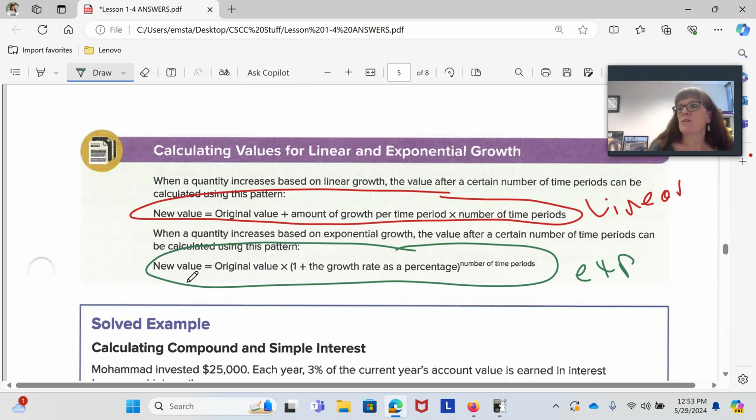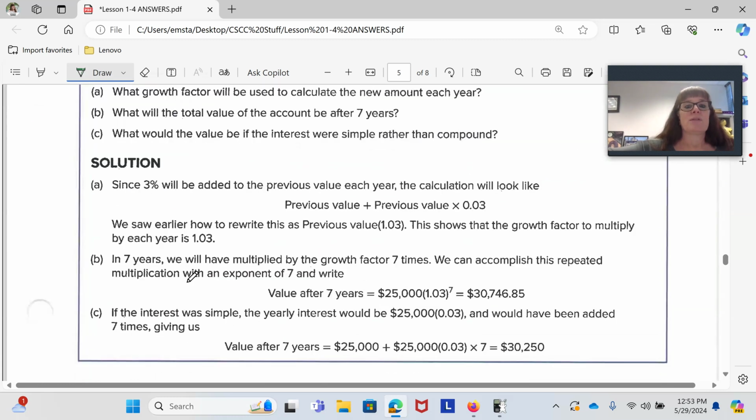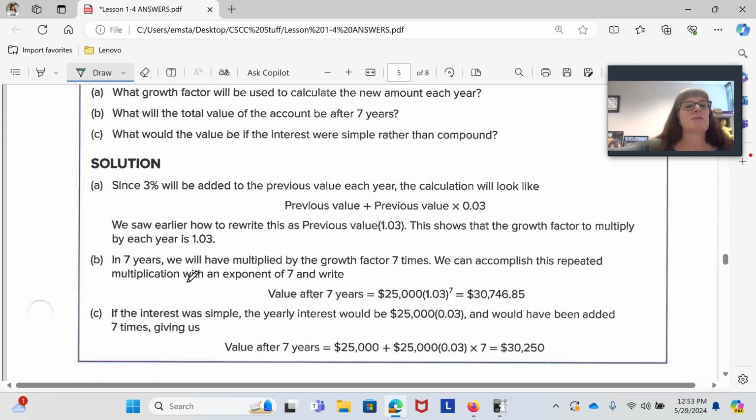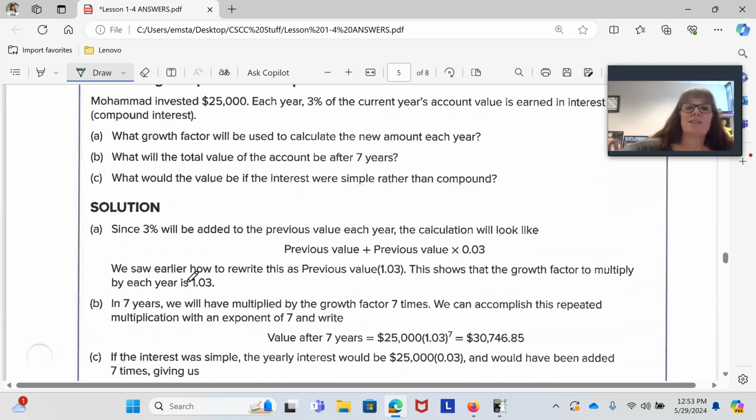They have a nice solved example for us here. They show how to work through it. So let's see what's happening here. Just make sure you hit the highlights of this. Muhammad invested $25,000. Each year, 3% of the current year's account is earned in interest. This is compound interest.